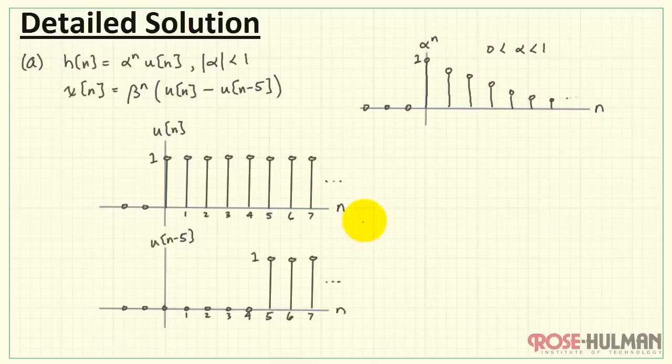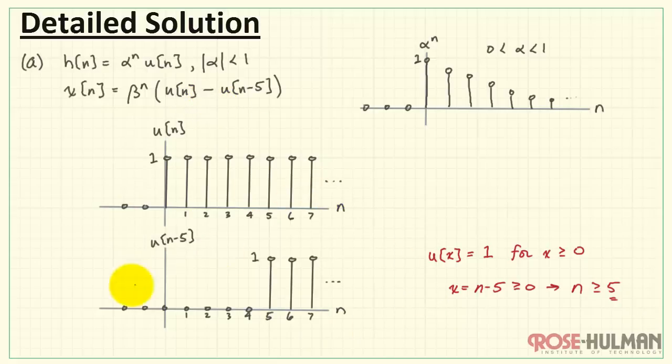x is composed partly of the difference between a delayed step function or shifted step function. And by the way, if you want to make sure you understand why n minus 5 shifts this, we know that the step function becomes a 1 for the argument greater than or equal to 0. So if I look at the argument n minus 5 and compare that against 0, then we see that n is in fact greater than or equal to 5.